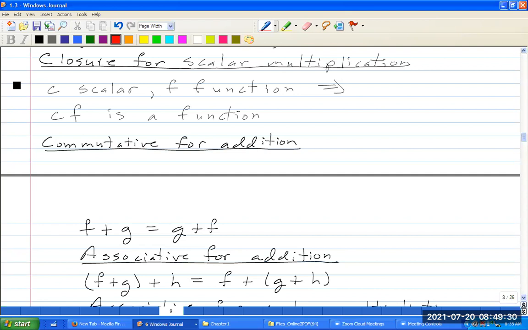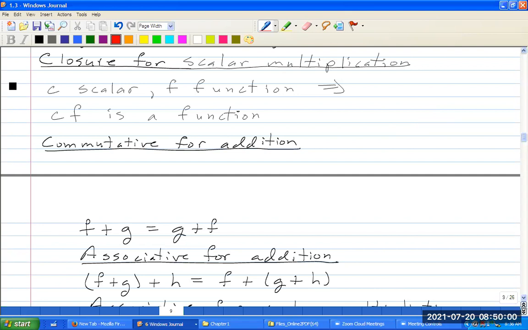If you remember when I drew that picture a few seconds ago, I was able to add two vectors and I was able to stretch a vector. But I really wasn't able to multiply two vectors. If you have this vector and you have this vector, how do you multiply them? I don't know. And so I just define scalar multiplication because I can do that.